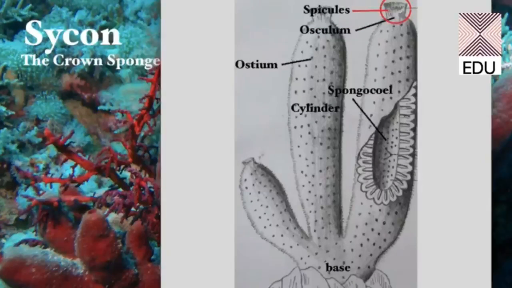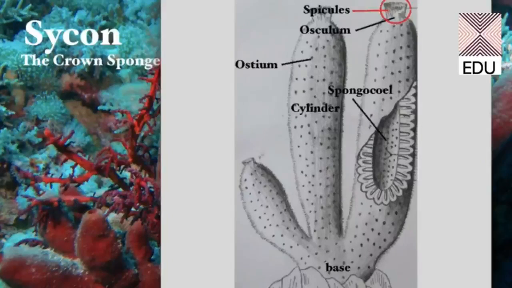Just to recall everything, we have a base first of all. The base is attached to the substratum. Then we have the cylinder, the main body of the Sycon. The cylinder is hollow from inside and inside is an empty space called spongocoel. The cylinder has numerous pores called ostia; a single one is called an ostium.